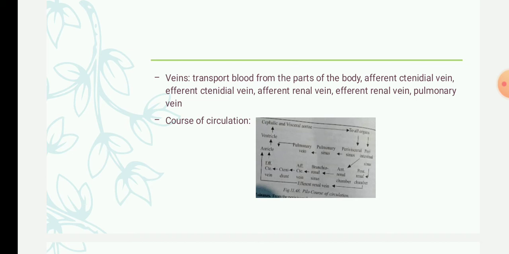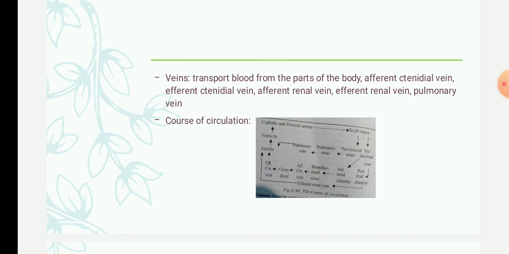Then the afferent renal vein carries blood from the peri-intestinal sinus to the posterior renal chamber. The efferent renal vein transports blood from the posterior renal chamber to the auricle. Whereas the pulmonary vein carries blood from the pulmonary sac to the auricle.